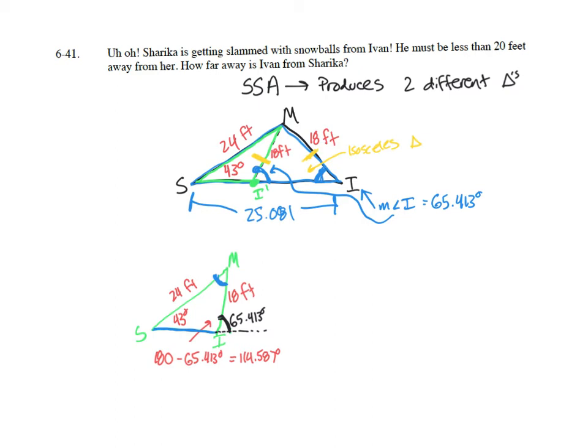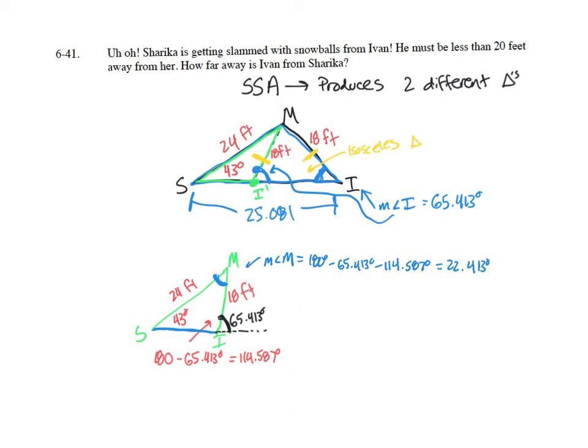So I can calculate the measure of angle M up here. I know that the measure of angle M is going to be equal to 180 degrees, subtracting 65.413, subtracting 114.587. And as such, what that yields for me is 22.413 degrees. Okay, stick with me now.